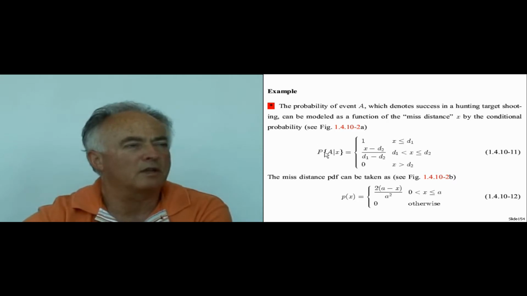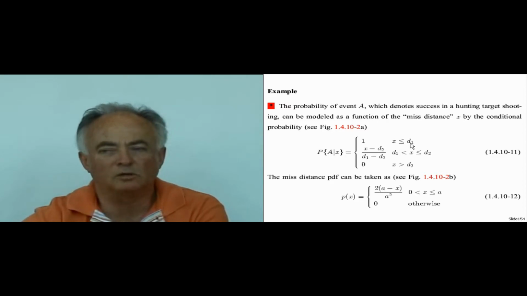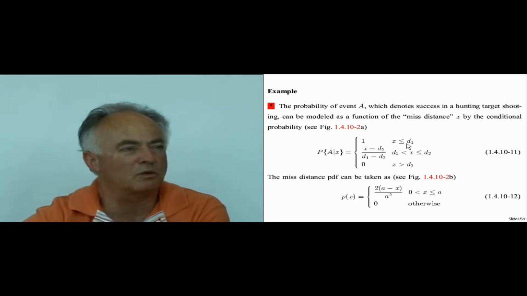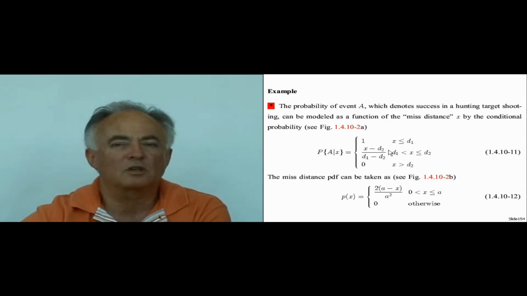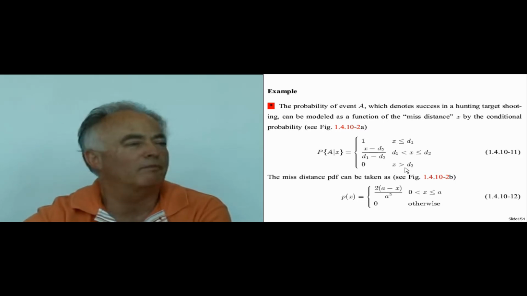P of A, that's success in hunting, target shooting, given x is 1 if x is less or equal to d1, namely your miss distance is below some threshold. It can be written, in this case, assumed to be linearly going down from 1 to 0 as x goes from d1 to d2, and if x is greater than d2, it is 0.